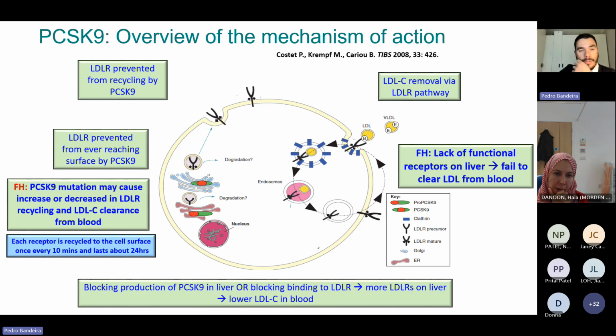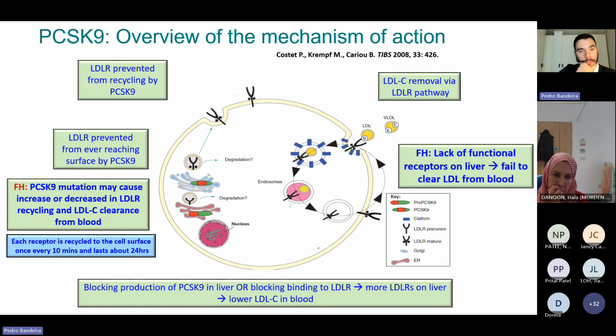This is just an overview of the mechanism of the PCSK9 protein. There are LDL receptors on the liver surface, and LDL cholesterol is removed by this LDL receptor pathway. The PCSK9 protein I mentioned before goes to the cell surface and degrades the LDL receptor.